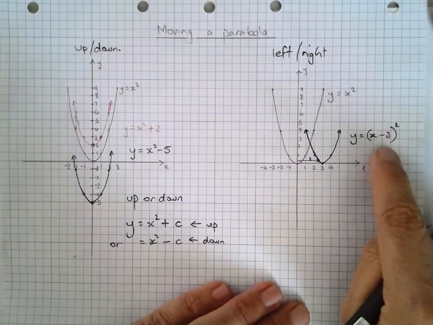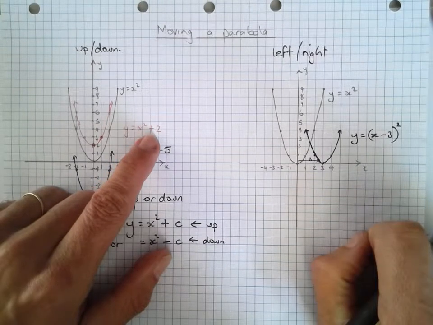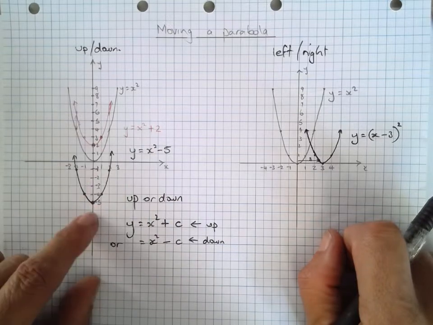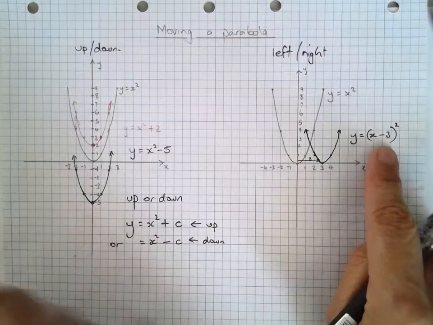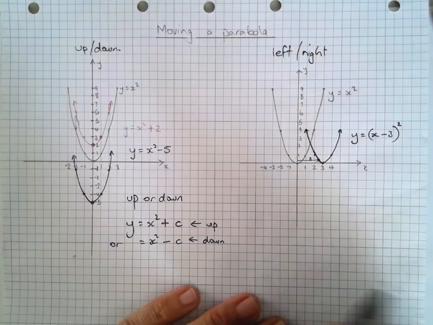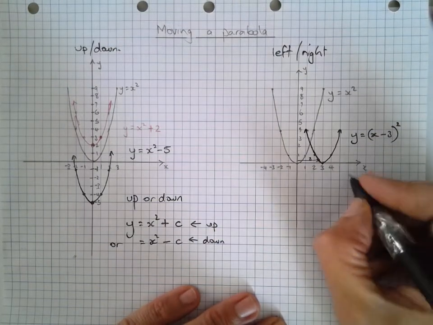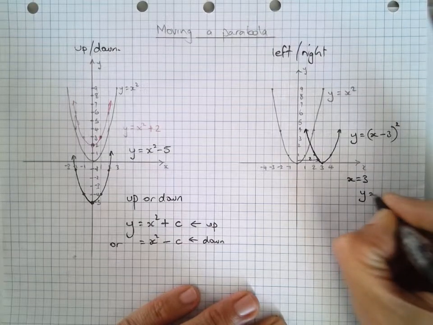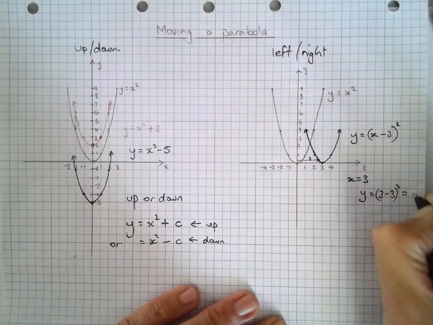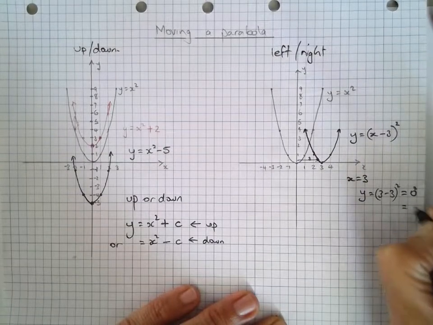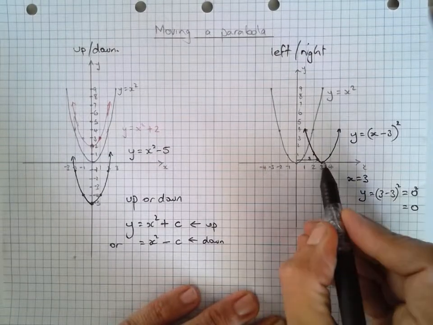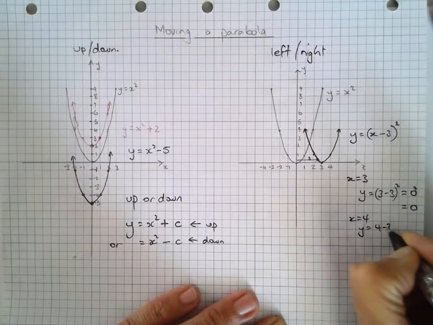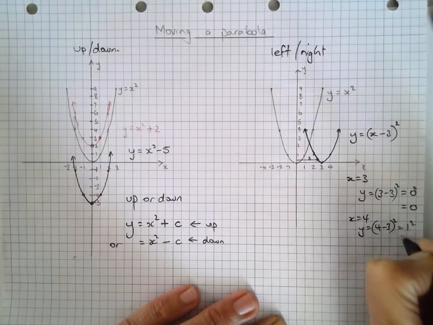Now it seems a little bit strange. Over here, adding 2 to x squared moved it up, taking off 5 here moved it down, but here taking off 3 has moved it to the right. Why has it gone to the right? Well, let's think about when x equals 3, y will equal 3 minus 3 squared, which is 0 squared, or 0. So that's moved across 3. When x equals 4, y is 4 minus 3 squared, which is 1 squared, which is 1.